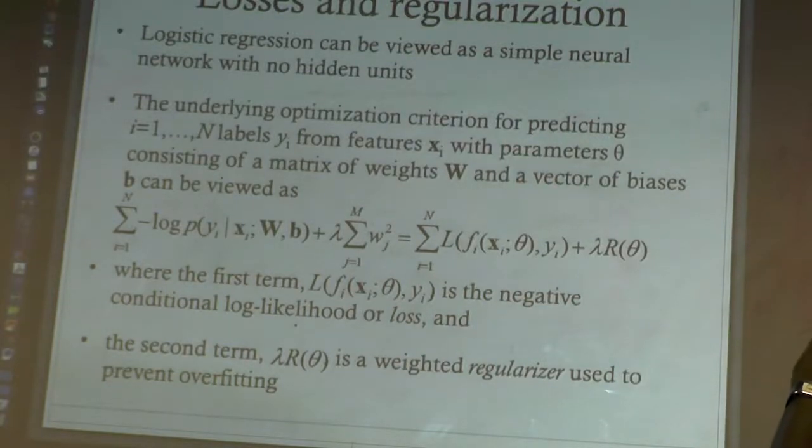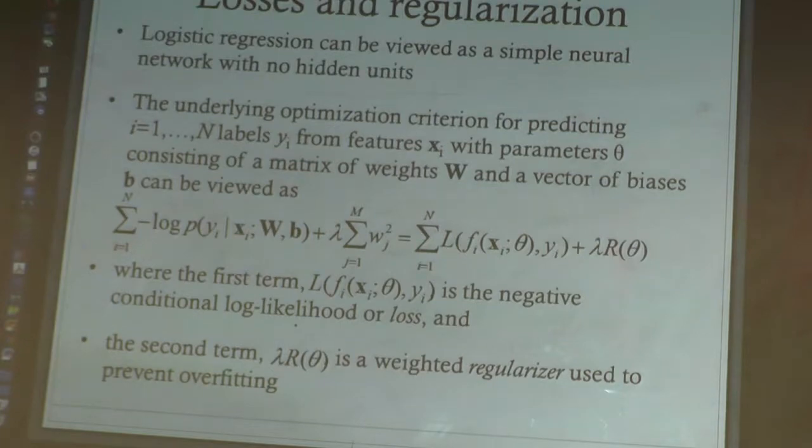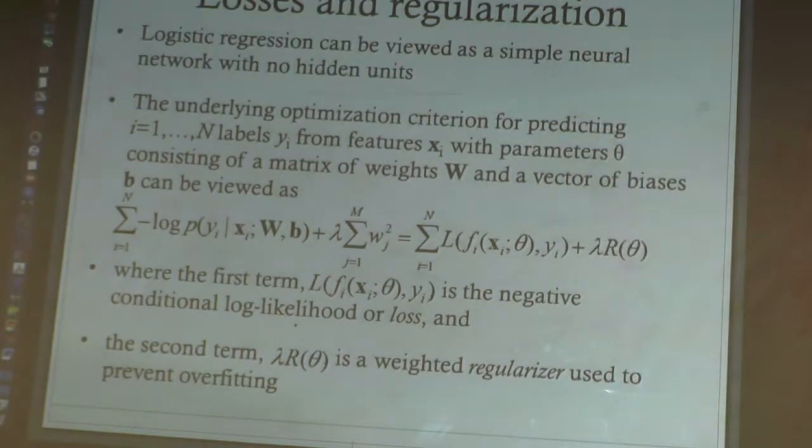One thing, you remember when I was talking to you, I made mention of something called empirical. Let me see if I have it there. Empirical in neural network. Anybody remember that? Empirical. Okay? Now, why empirical? There's what we call losses. Remember the loss function? There's what we call regularization.